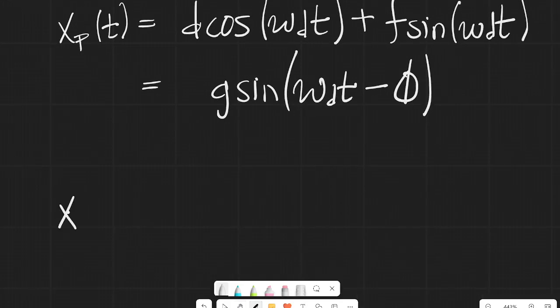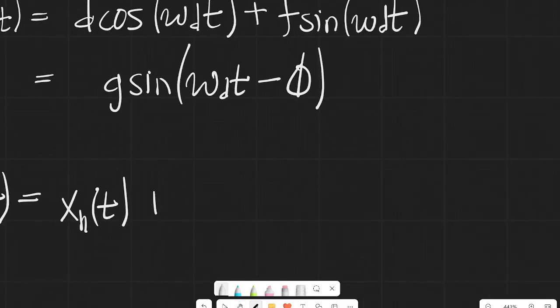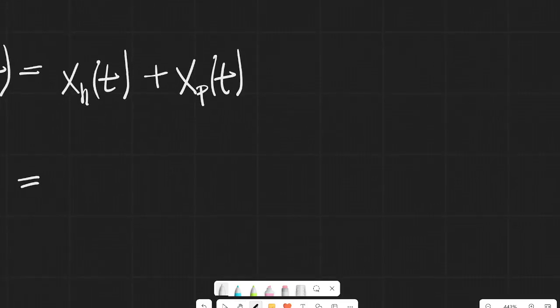We said at the beginning that the form of the solution to this differential equation is just going to be the sum of the homogeneous part and the particular part of the solution, which I'll just substitute in right here, right now.